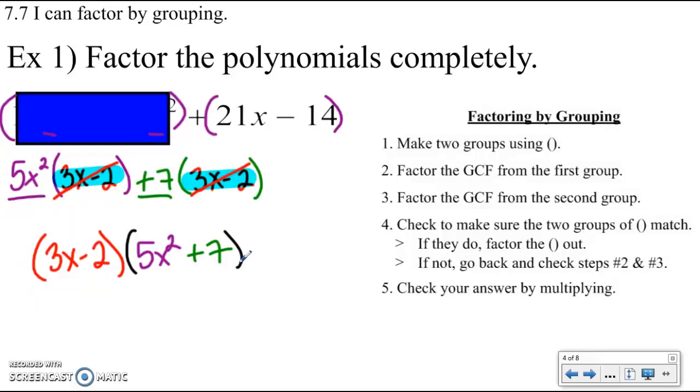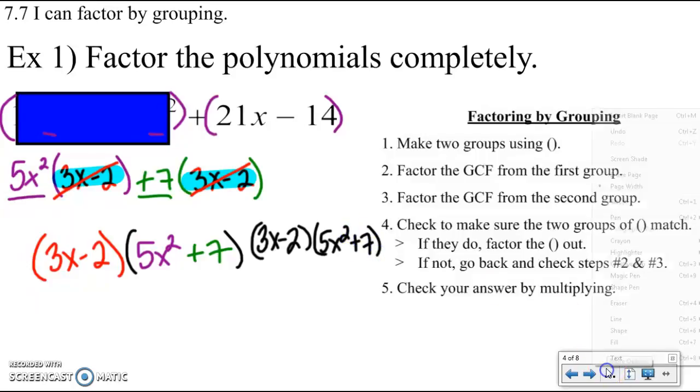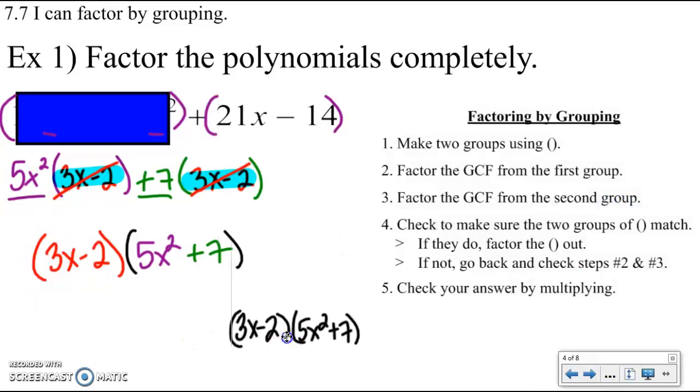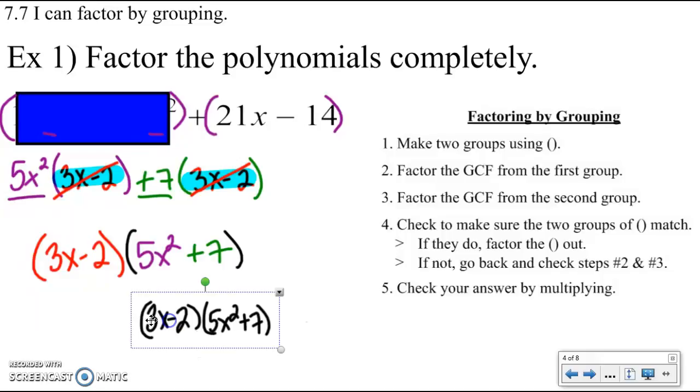Okay, so I've factored into two groups. So my final answer here should be 3x minus 2 times 5x squared plus 7. I'm actually going to move that down a little bit. Okay, so this should be my final answer here.